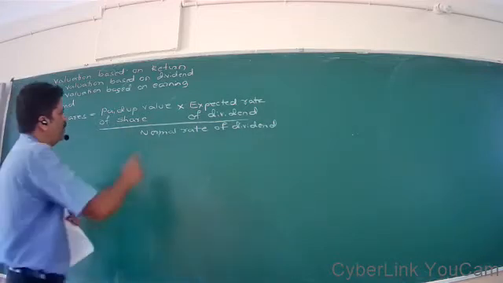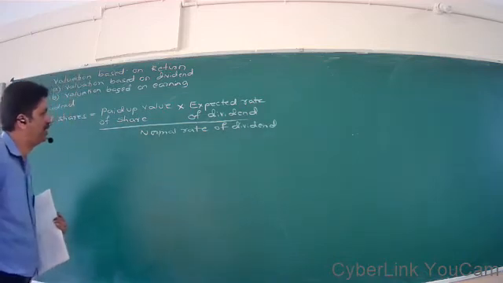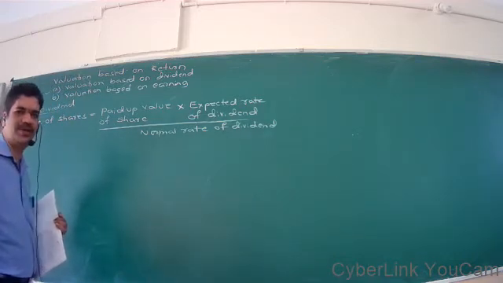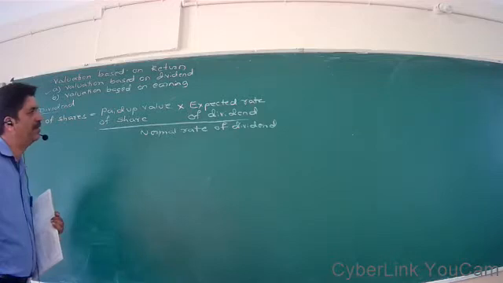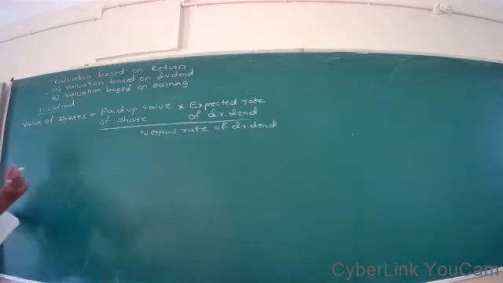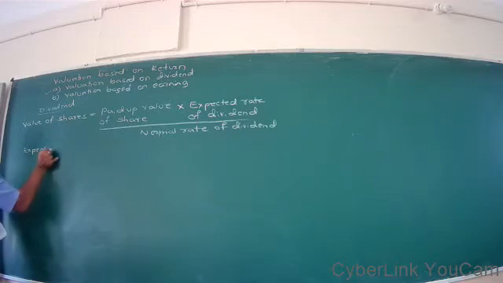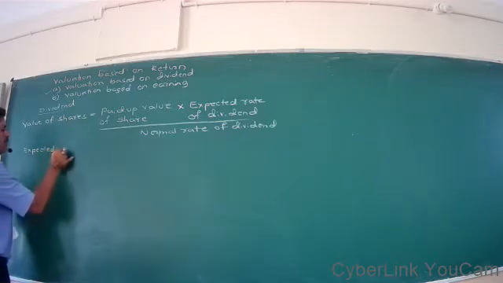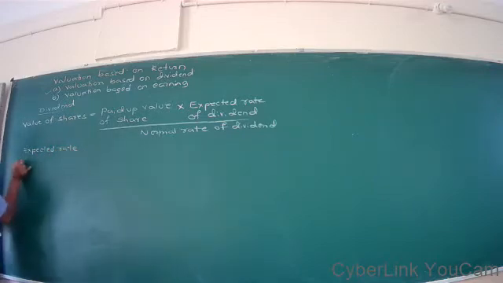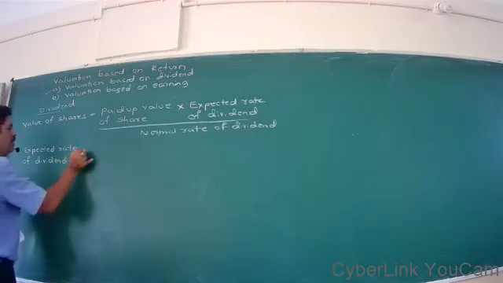The paid up value of share is usually given in the problem, and usually the normal rate of dividend is also given. Then you are required to calculate the expected rate of dividend. So how to calculate the expected rate of dividend?